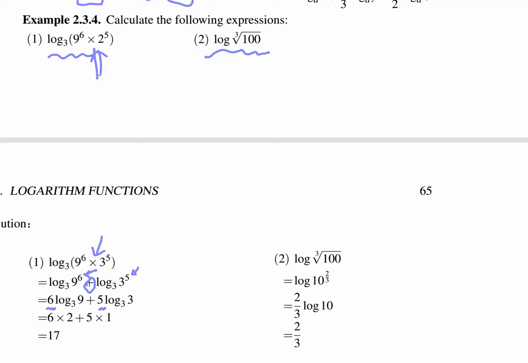So, log base 3 to the 9 is 2. 6, you keep it. 5 times log base 3 to the 3. Log base 3 to the 3 is 1. You keep this 5. So the final answer will be 17.